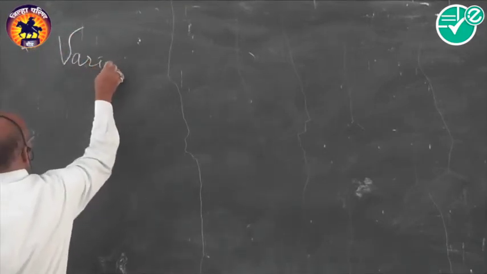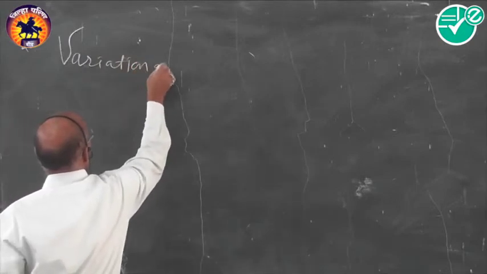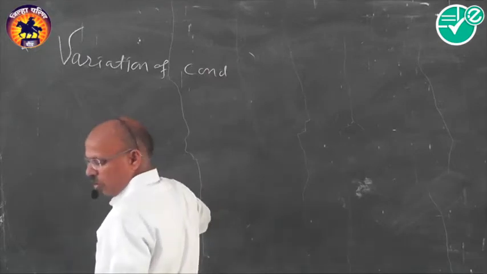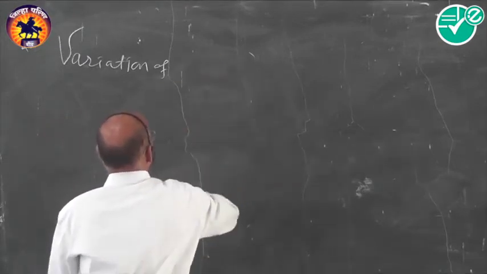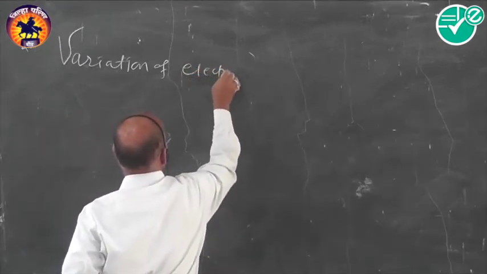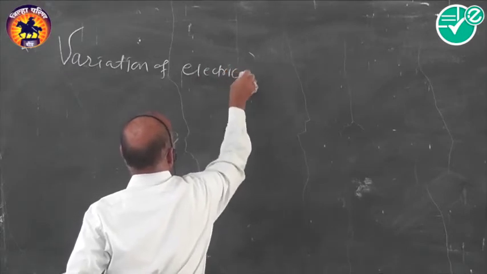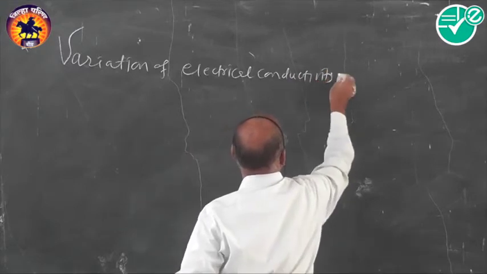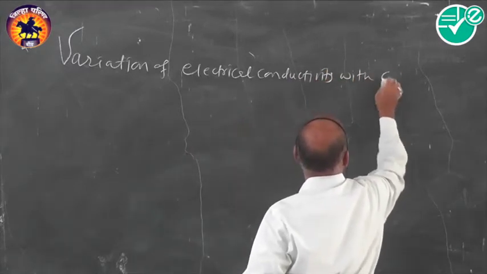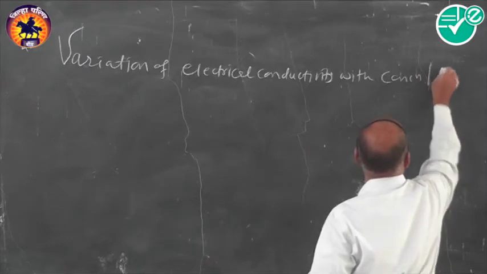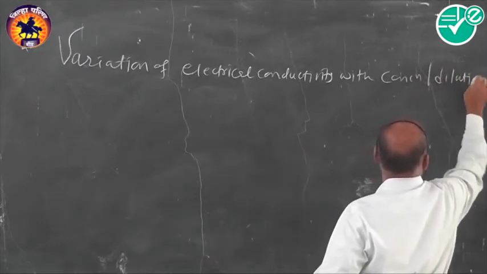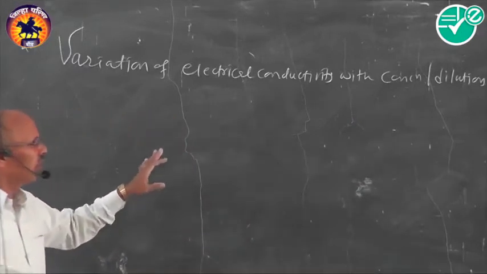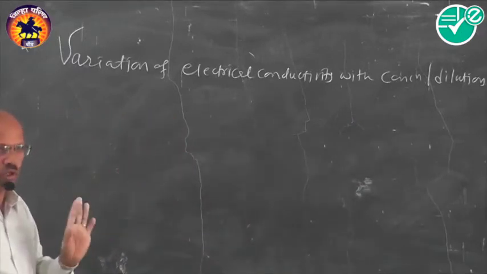At first, very simple one: variation of electrical conductivity with concentration or dilution.